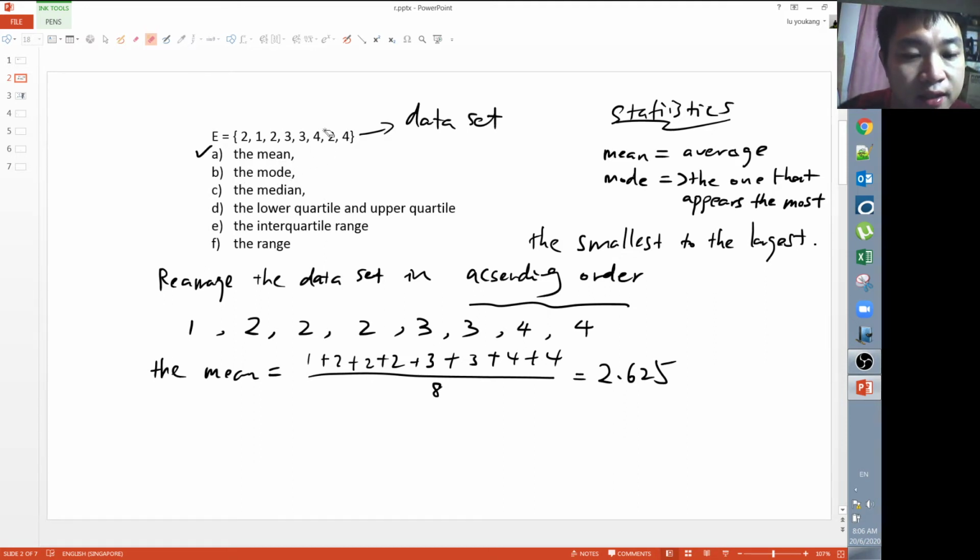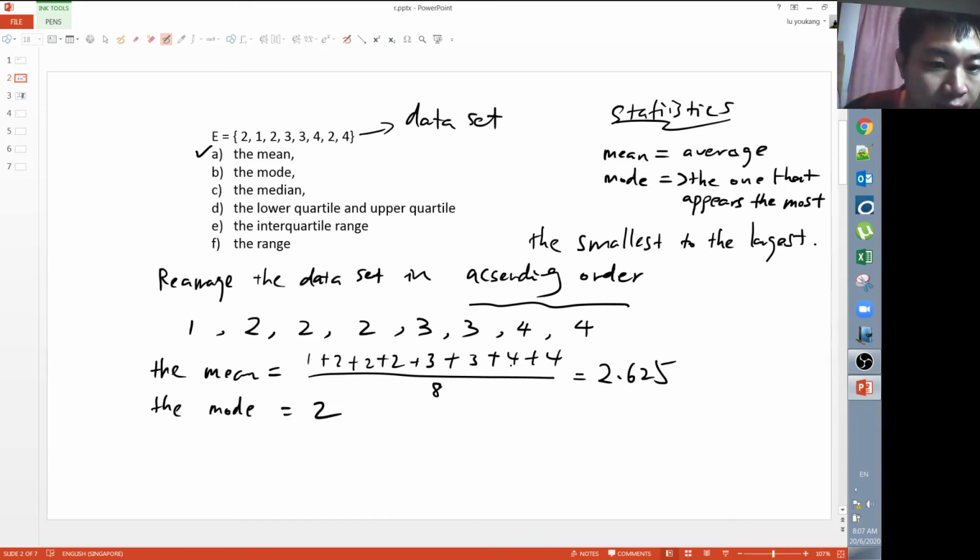Instead of looking at this data set, you can look at the data set in ascending order. Which number appears the most? Because the meaning of mode in statistics is the one that appears the most. Clearly you can see 2 is the one, because it appears 3 times compared to the rest. So the mode for the data set is 2.